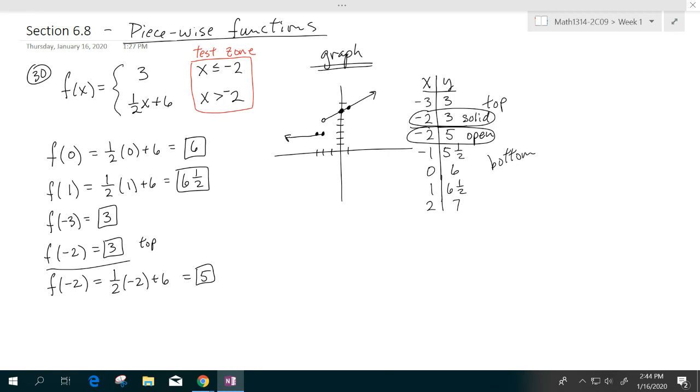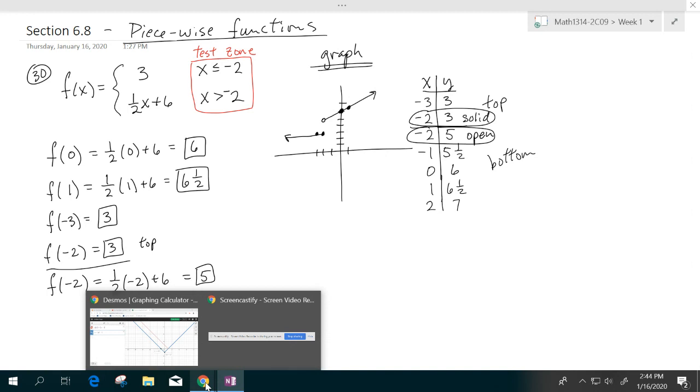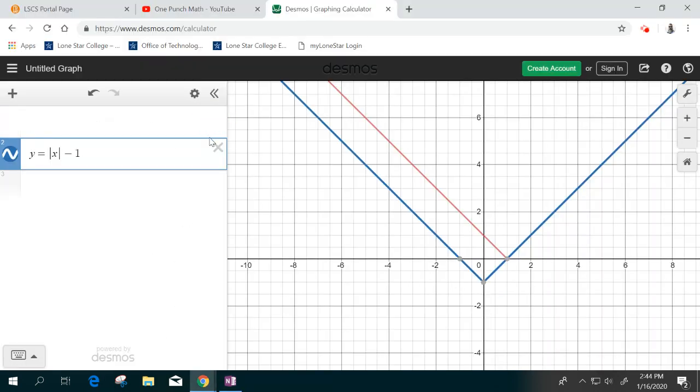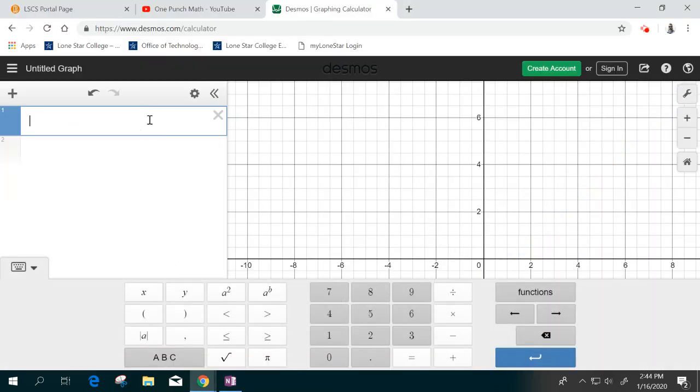Wouldn't it be nice if I could plug this into Desmos and check? I mean, I can. I'm going to teach you. I'm sorry, I didn't mean to holler, I'm getting excited. So let's go back to Desmos. Let's say we've got f of x equals, now what was the top piece? 3, right?